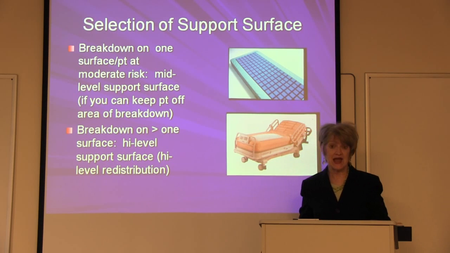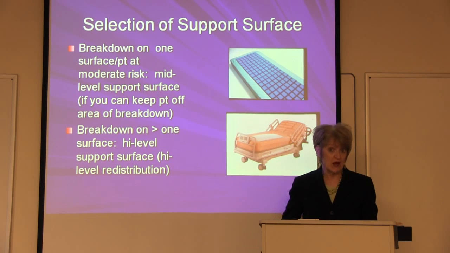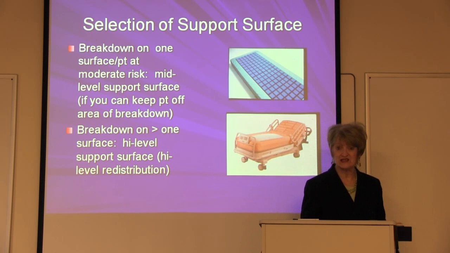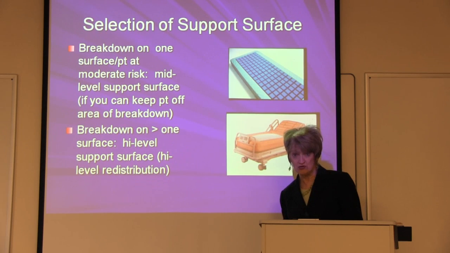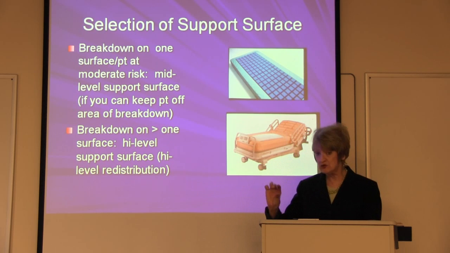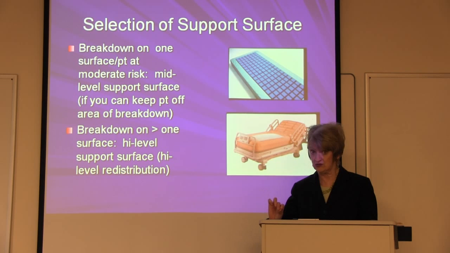So if I have intact tissue on my right trochanter, intact on my left, it's fine to position me on my right trochanter for 2 to 4 hours. Yes, you're going to get some degree of soft tissue compression, some degree of vessel compression, some reduction in blood flow, but I have healthy tissue that's going to be able to tolerate that. That tissue is going to have low oxygen demands.